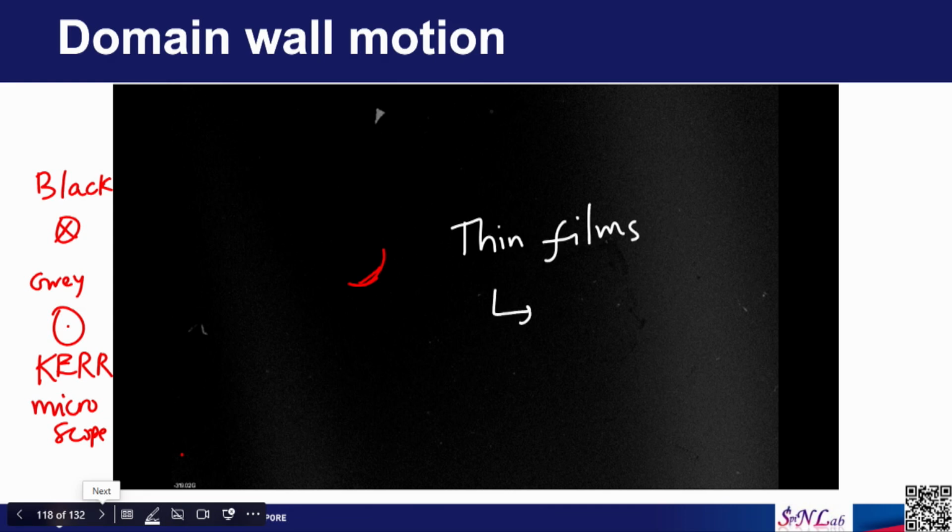Let us say you deposit a cobalt film or any film without some special technique. So, this film usually forms the case where you have multi domains. It's quite common to form magnetic material into multi domain state.